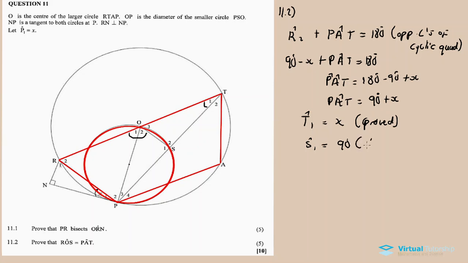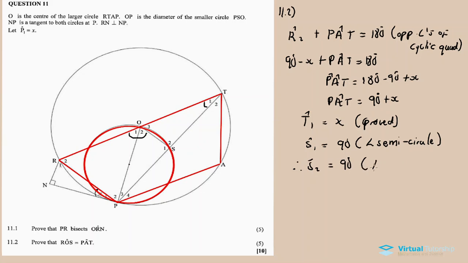It's because of angle in a semicircle. Which circle? POS, the smaller triangle. Therefore, S2 will be equal to 90 degrees as well.